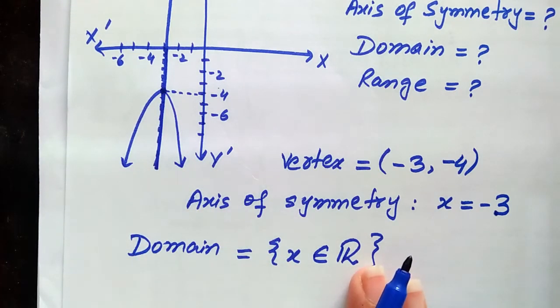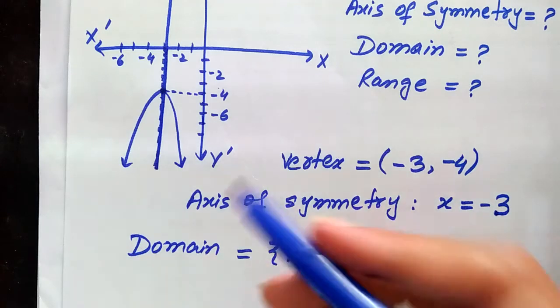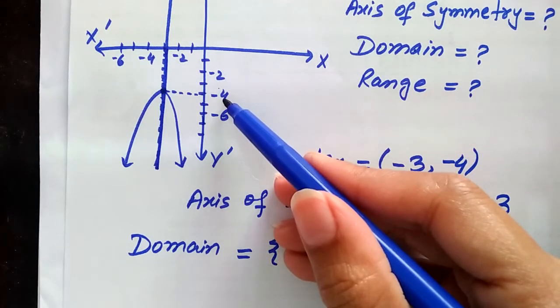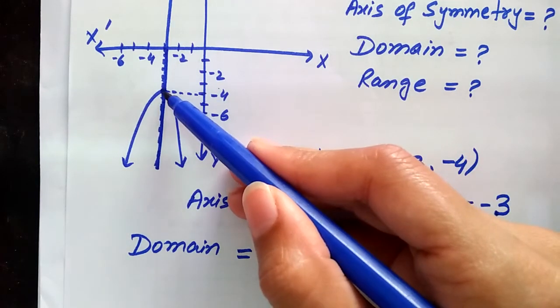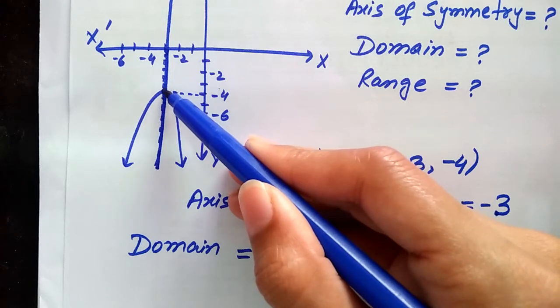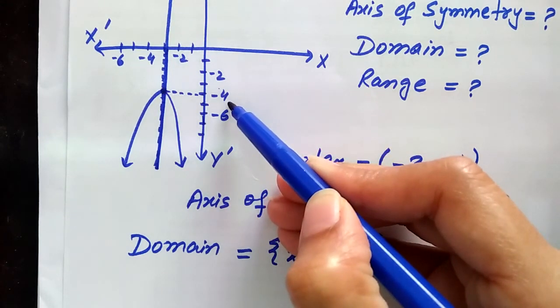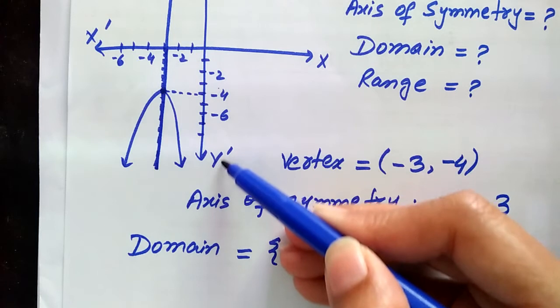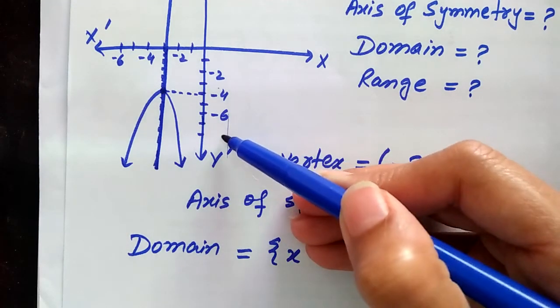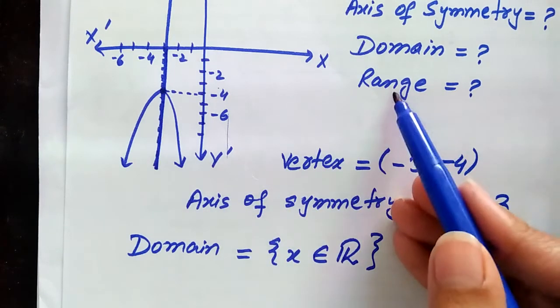And the range will be the values of y. For example, this parabola is starting from this point, the vertex. Its maximum value is -4, and then all these values -4, -5, -6 and so on will be the values of range.